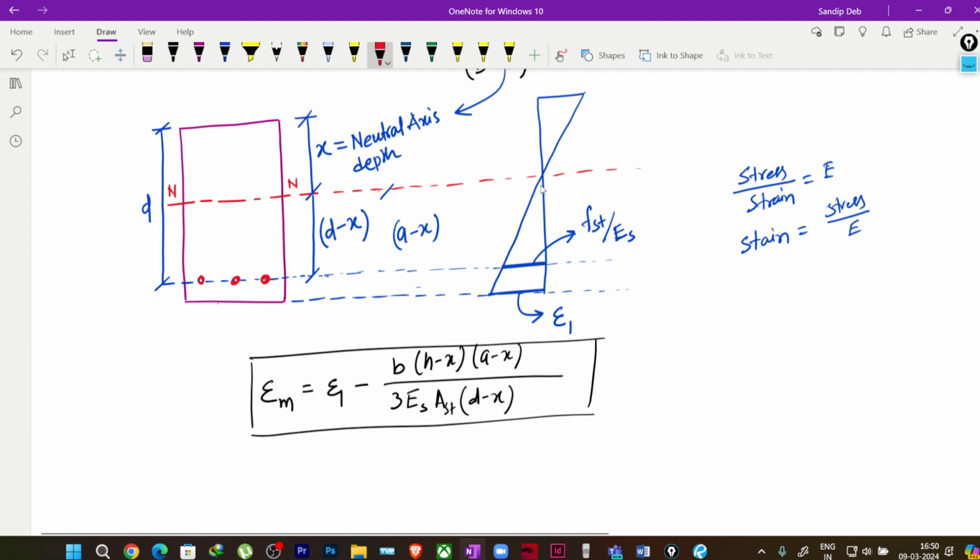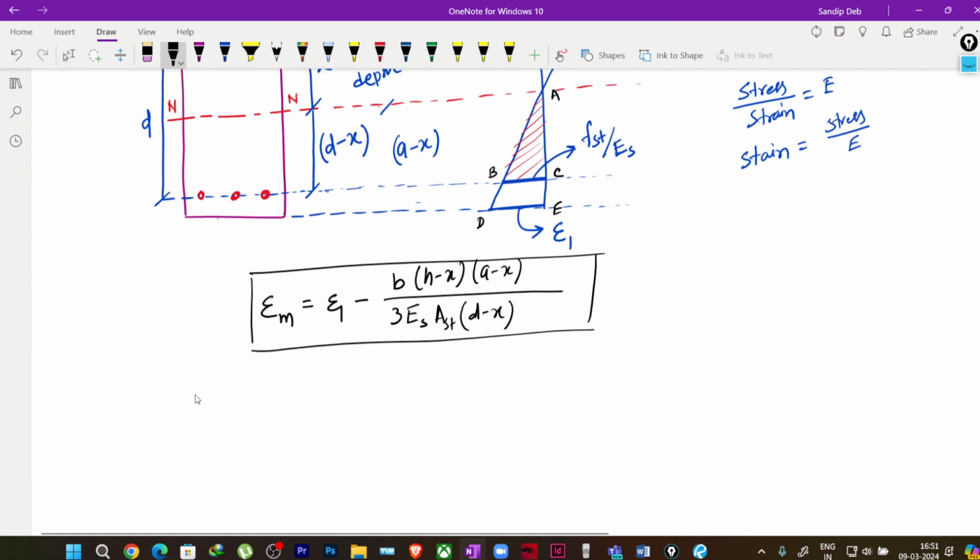If you take this as one triangle, and the bigger one, suppose I name them ABC and ADE, so from triangle ABC and triangle ADE, what should I write? It should be like this.